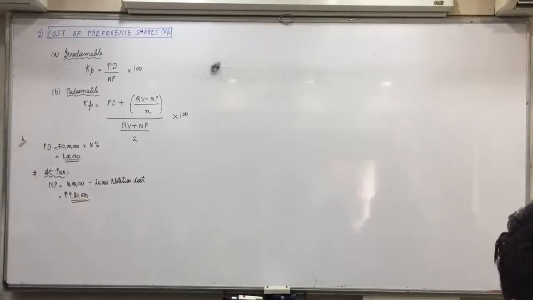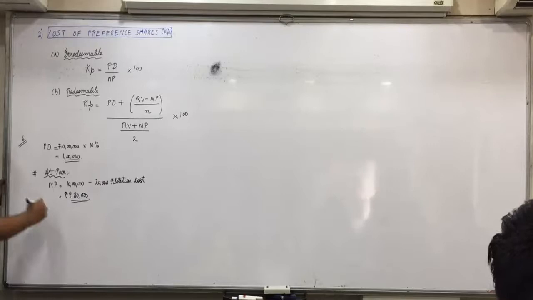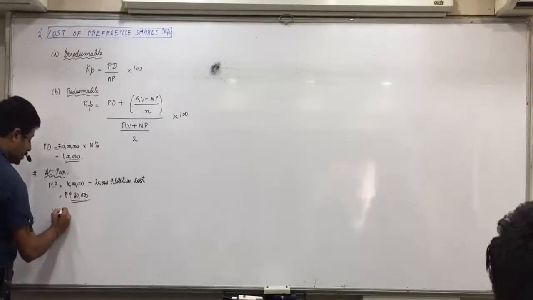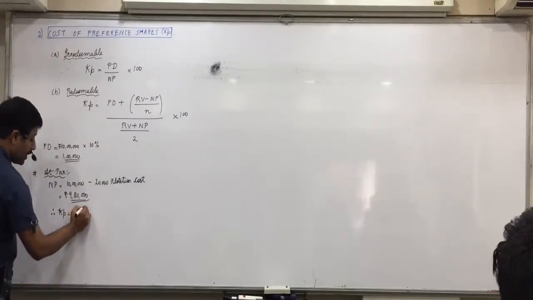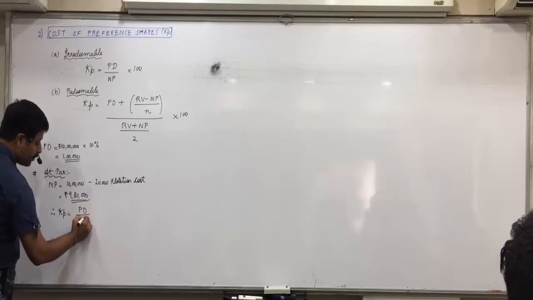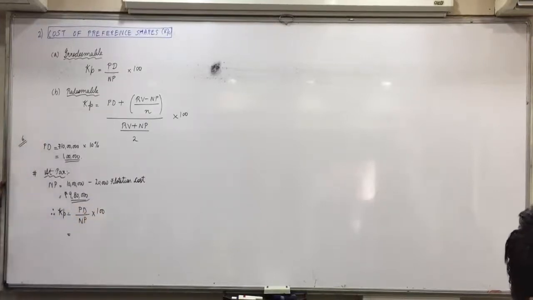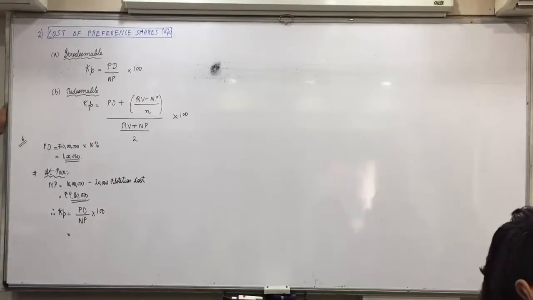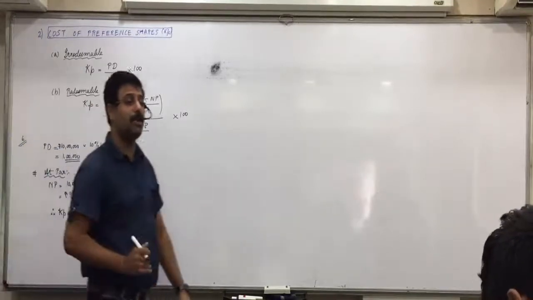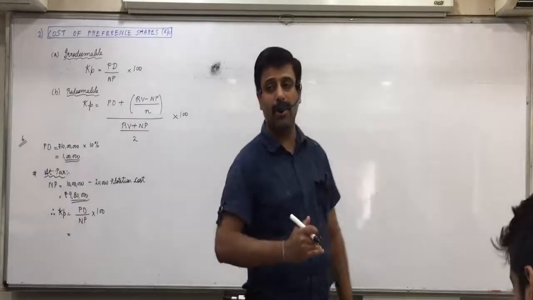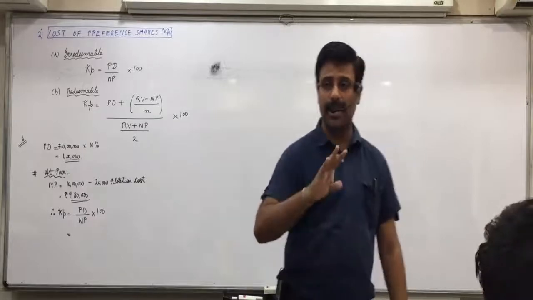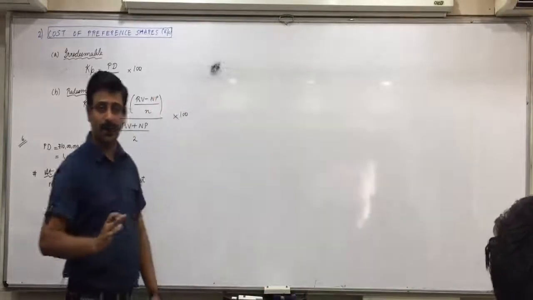Understood that, everyone? Now the formula we will apply is KP equals PD upon NP into 100. Are the preference shares redeemable or irredeemable in this question? Irredeemable, because the number of years of maturity is not given. So you will apply the first formula.